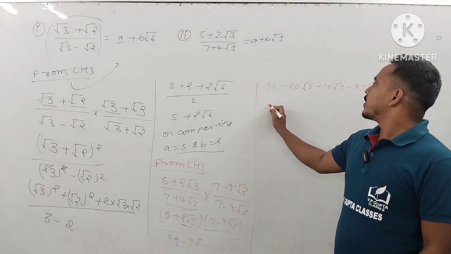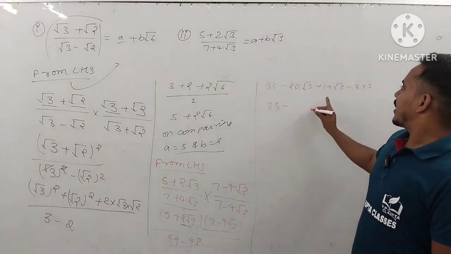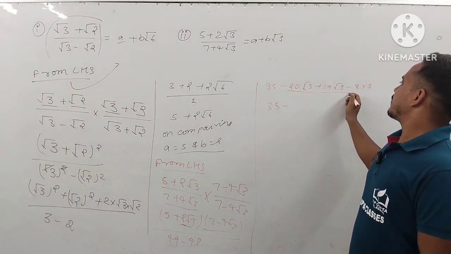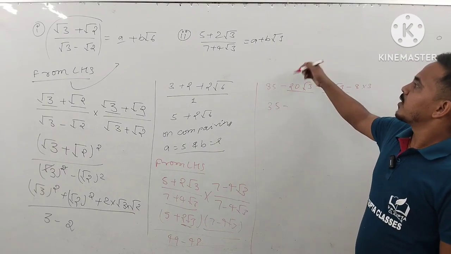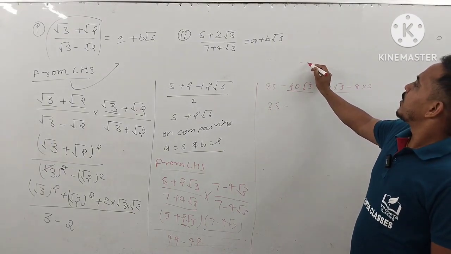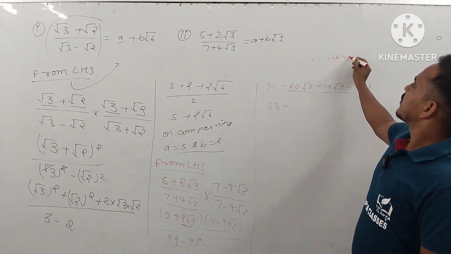Okay, now 35 minus 20 and 40. This is the same term, root 3. So we can subtract these two terms, since we know that minus plus subtract.